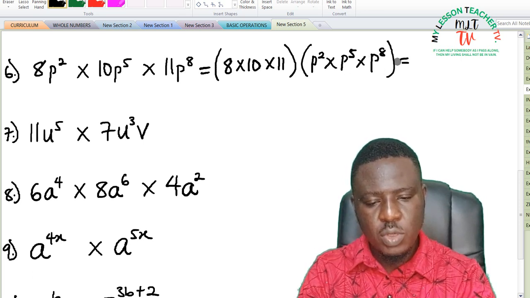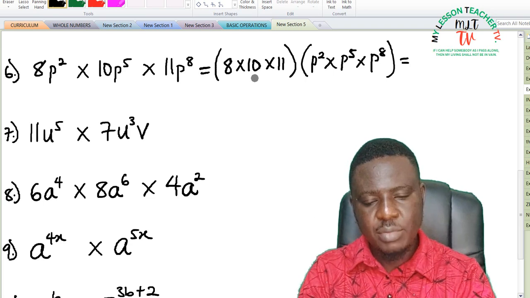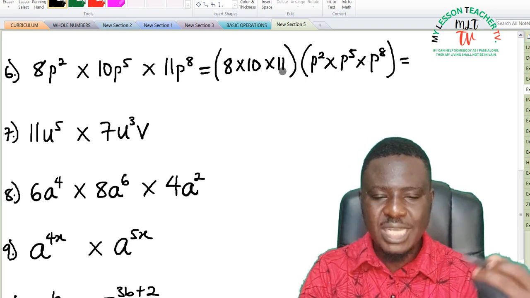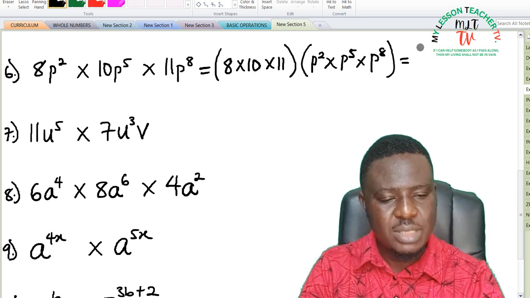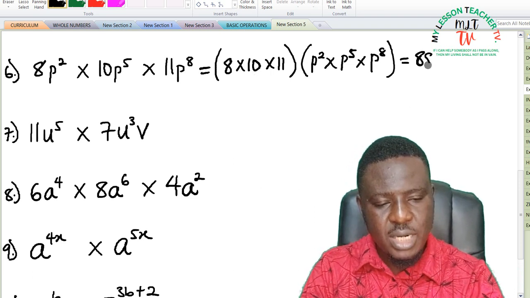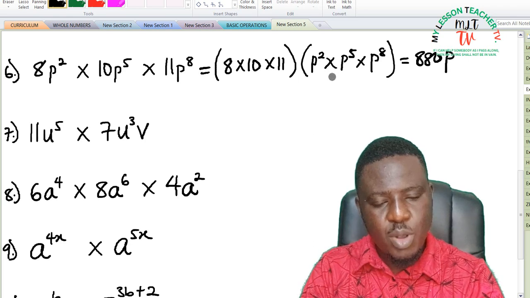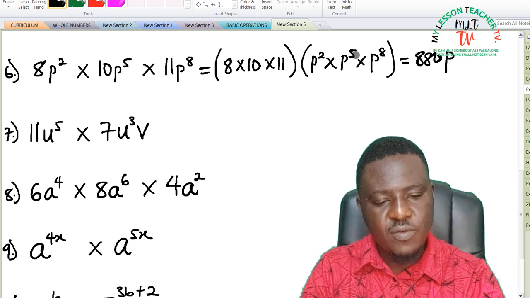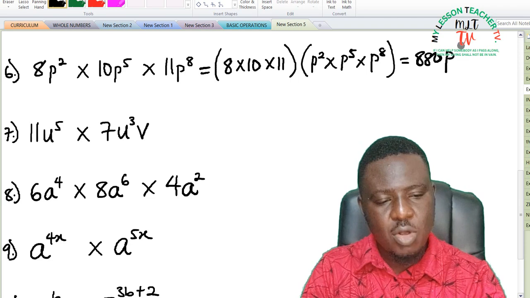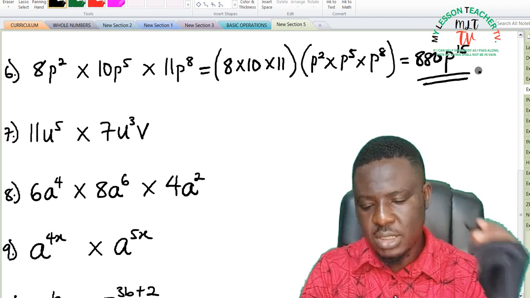This is equal to 8 times 11 is 88. 88 times 10 is 880 p raised to the power of 2 plus 5 plus 8. That will be p raised to the power of 15. So this is your answer.